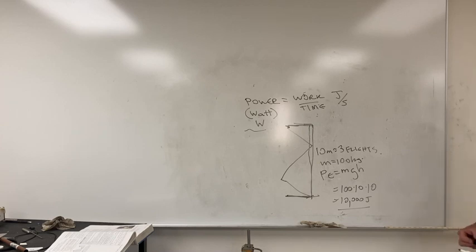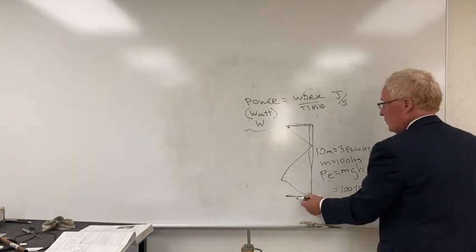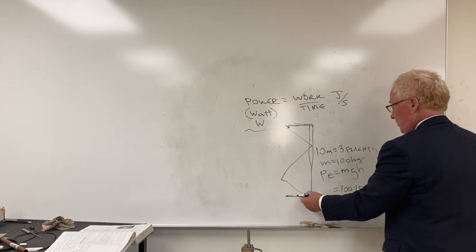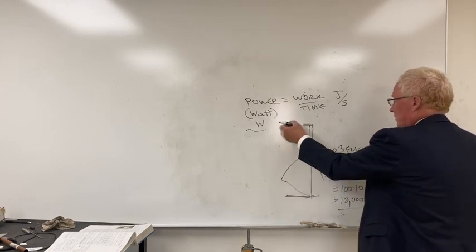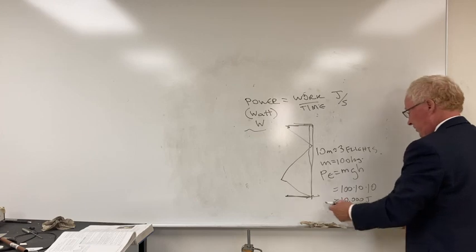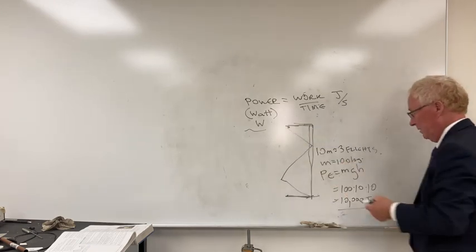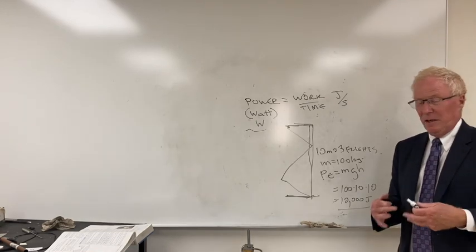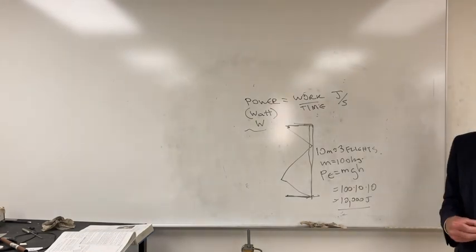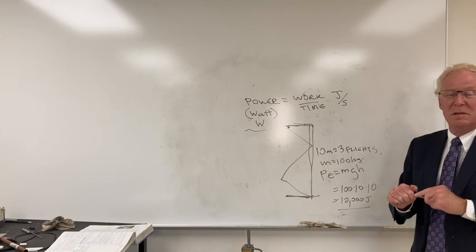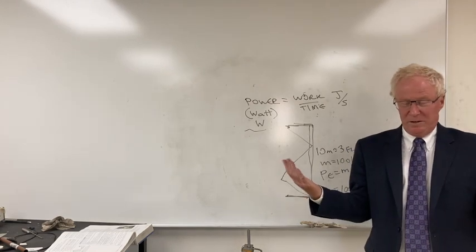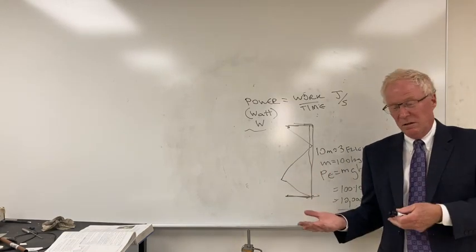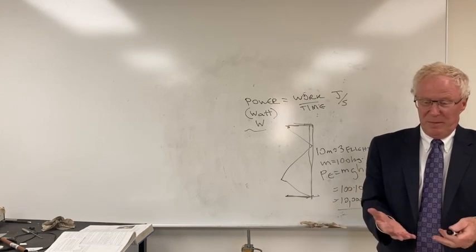Now, if you go slow, it still takes the same amount of energy as if you go up very fast. What's different if you go very fast is that you are generating more power, so it takes you less time to get to the top. This is the same thing as runners. Two people run a 10K, one in an hour, and the other in 30 minutes.